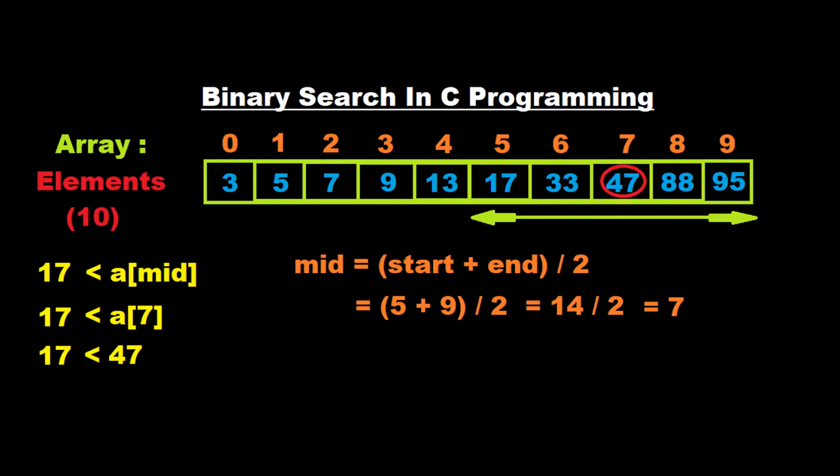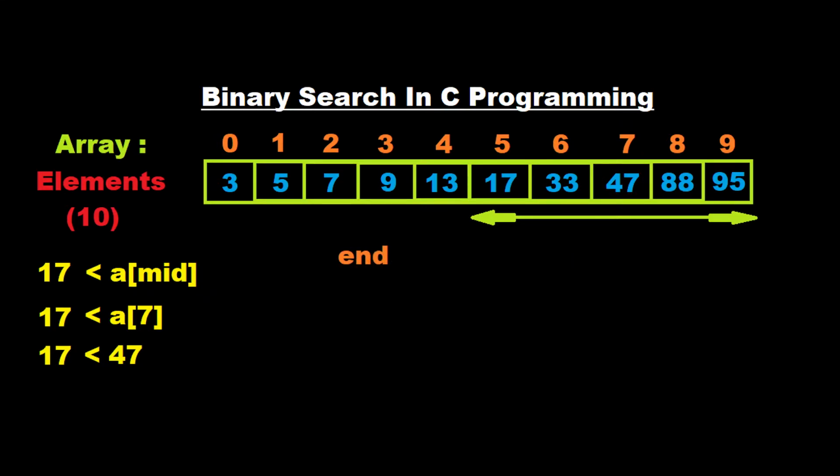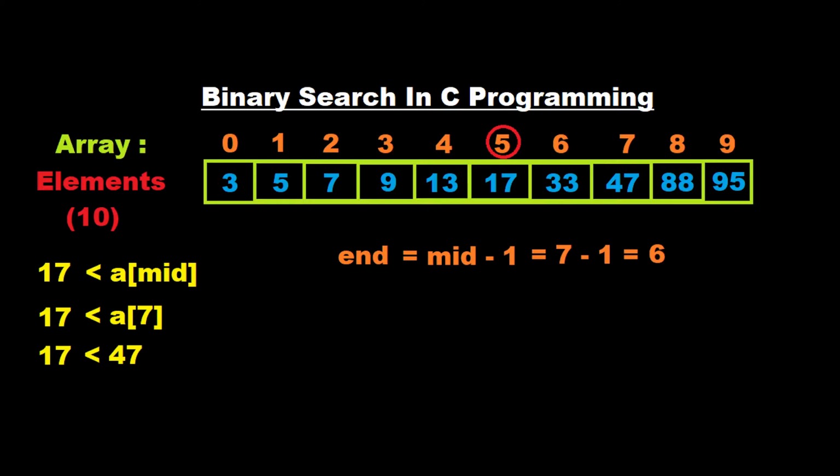Because it is less than the mid value, we will change the formula for end. End equal to mid minus 1, that is 7 minus 1 is equal to 6. So we have start equal to 5 and end equal to 6, and this is our new array.